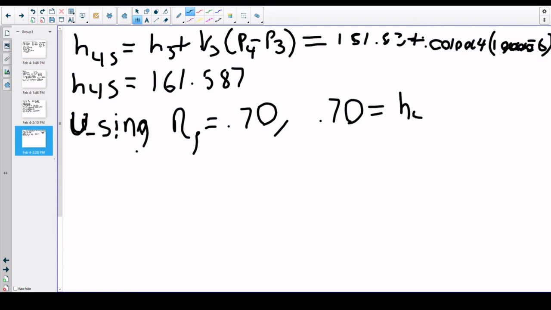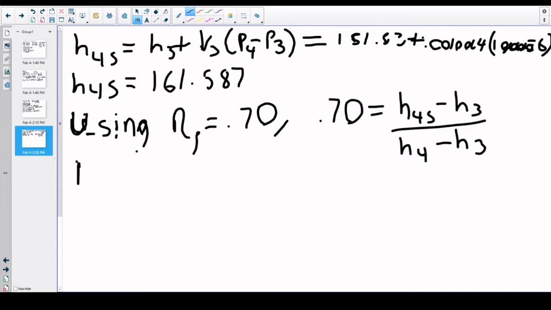Which is H4S minus H3 divided by H4 minus H3. We put the perfect case on the top because it uses the least amount of work. The perfect pump will use the least amount of work.